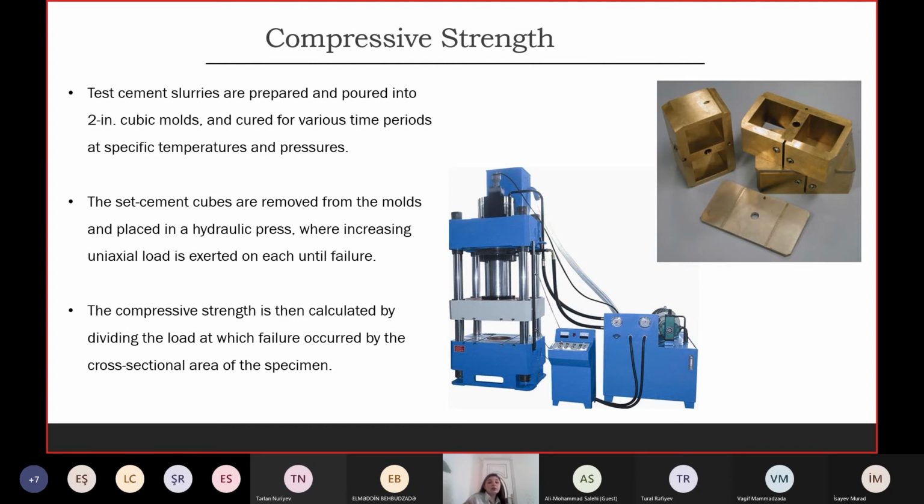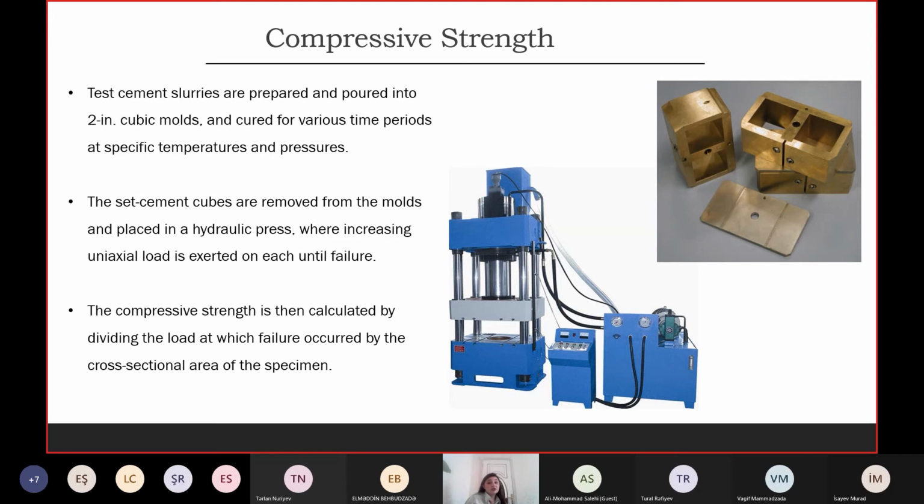When you increase the uniaxial load, it gets destroyed, and sometimes you cannot find any pieces because it is destroyed away, so you always need safety walls around this hydraulic press machine. It is converting this resistivity from the set cement to the acquisition system, and in the acquisition system you get a chart, and this chart shows how strong your sample is.